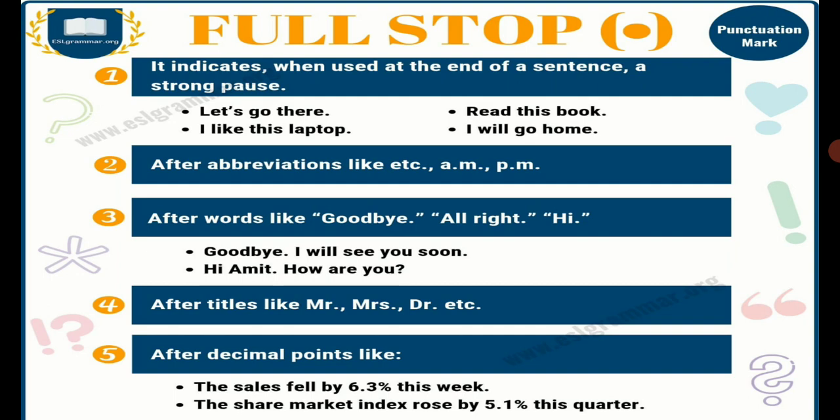Then another rule is after decimal points, means in a number. Do you remember the example of it? I got 93 point 65 percent in my last exam, right? So this way we use a full stop.